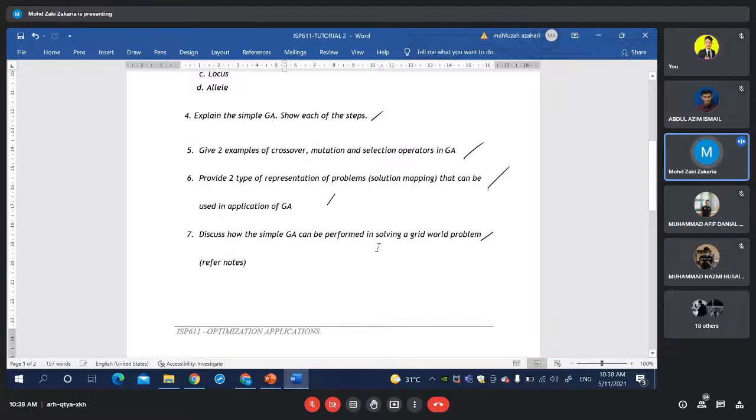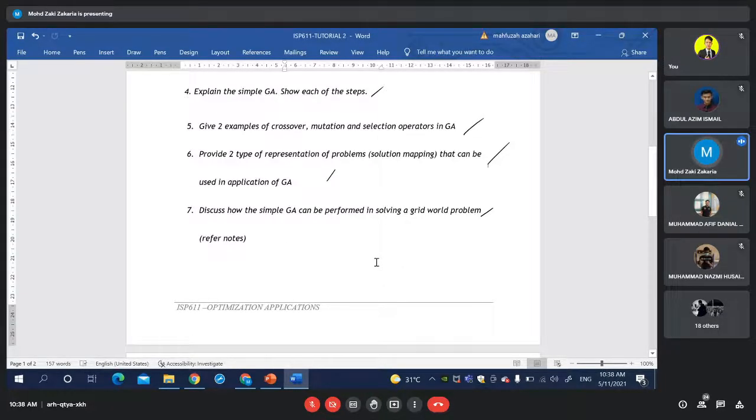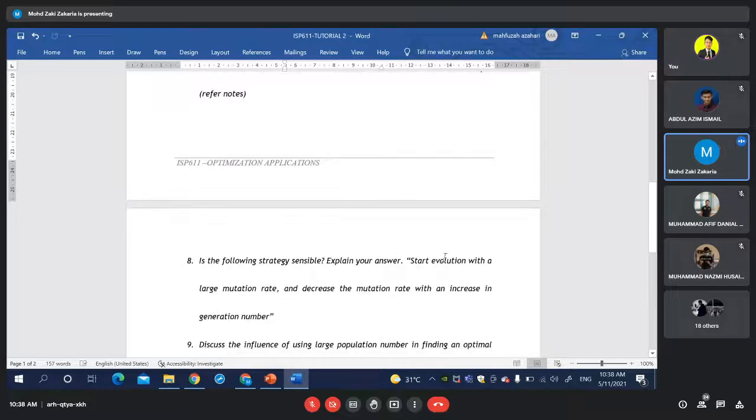So based on that idea, maybe you can explain again in your own style. Try to find the article on what happens if we decrease mutation and what happens if we increase the population. What happened to the performance of our program?